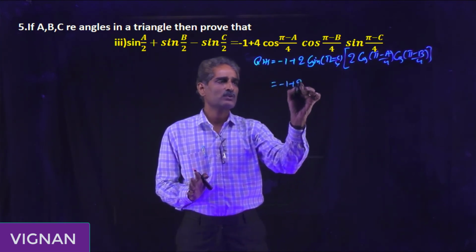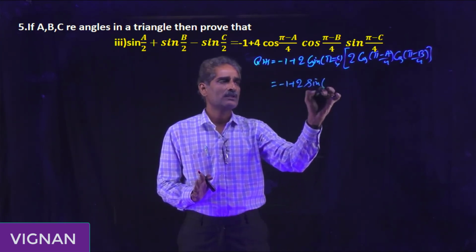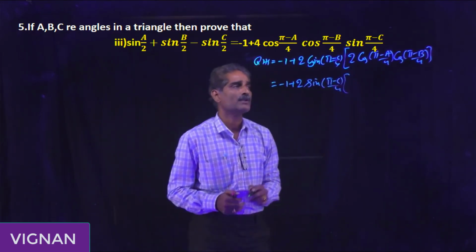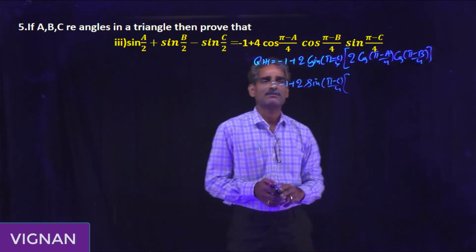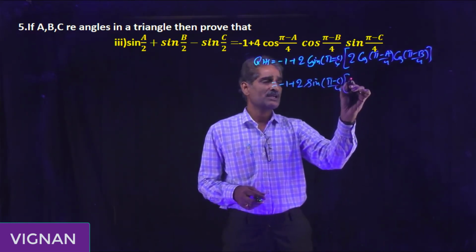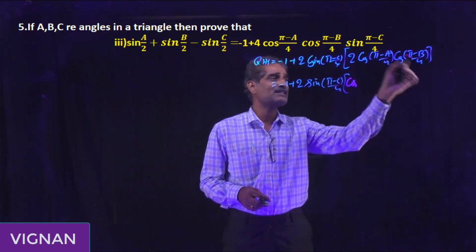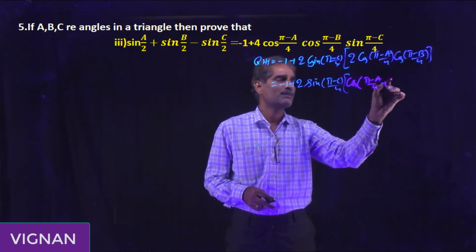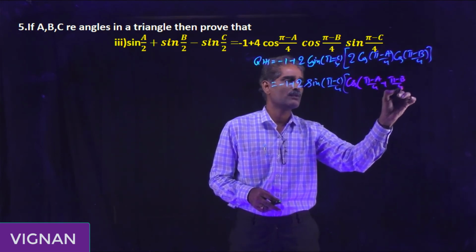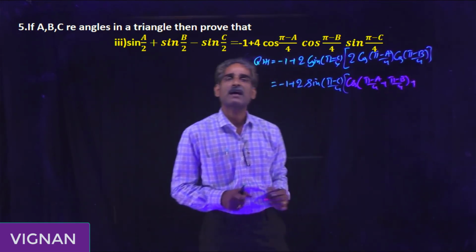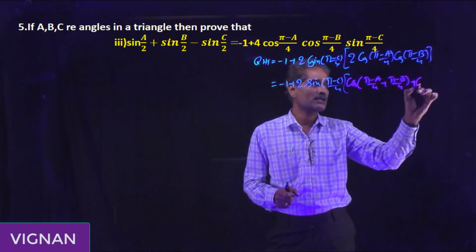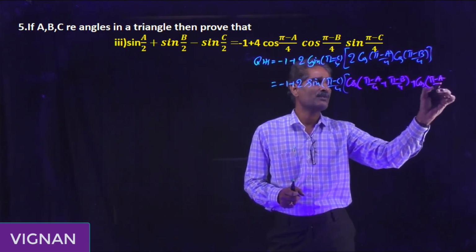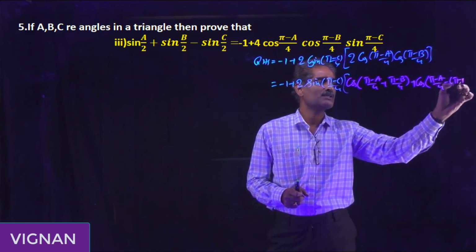Minus 1 plus 2 into sin of (pi minus c) by 4 into 2 cos A cos B. 2 cos A cos B means cos of (A plus B), that is (pi minus A) by 4 plus (pi minus B) by 4, plus cos of (A minus B), that is (pi minus A) by 4 minus of (pi minus B) by 4.